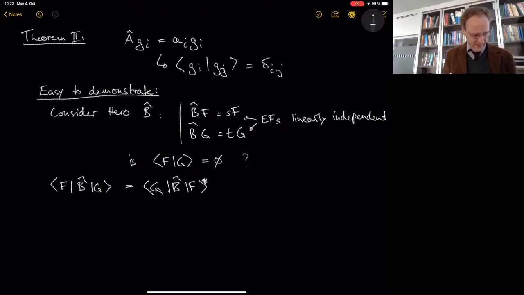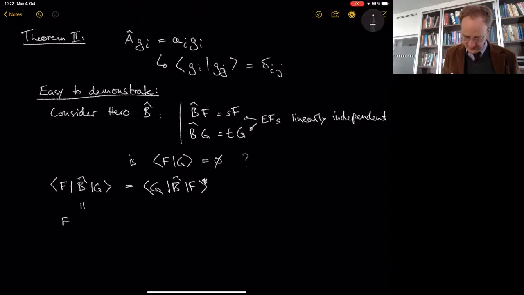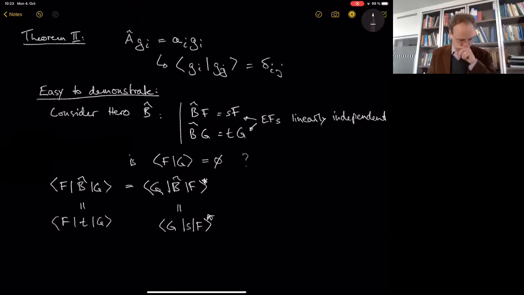And now we know that if B acts on g, we should get our eigenvalue t. And similarly, on your right-hand side, B acts on f, and so you get your eigenvalue s.